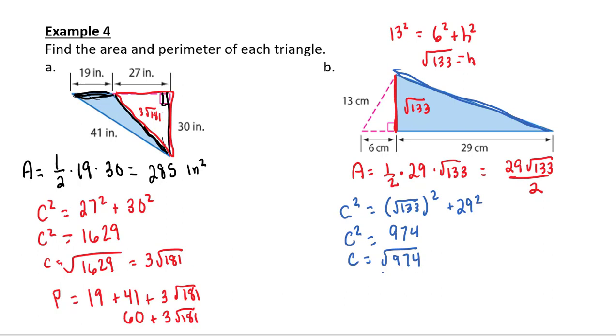And you can't reduce that anymore. So my perimeter is, again, not a very pretty answer: 29 plus root 133 plus the square root of 974, but that's okay. And you might want to get a decimal answer. The decimal answer is 71.74. Make sure you read the directions on any question or ask me what I want my answer as.